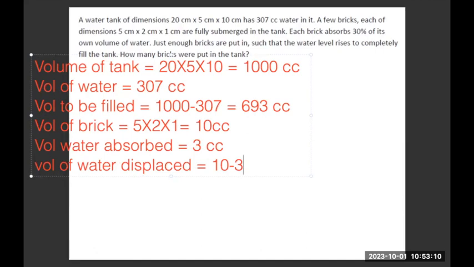If the brick is not absorbing any water, the displacement will be 10 cc of water.